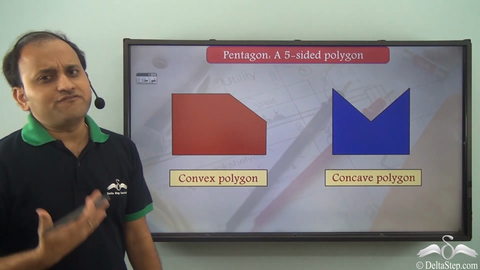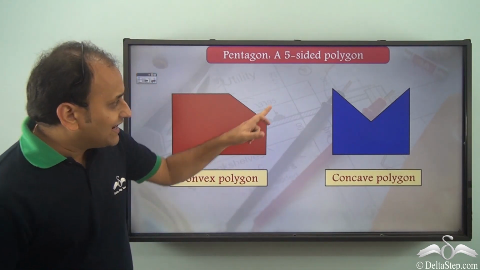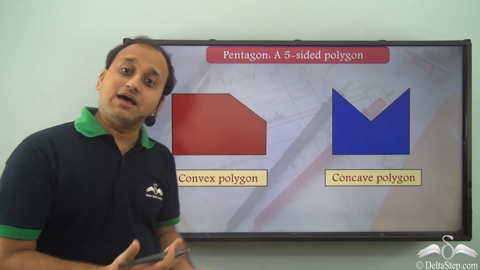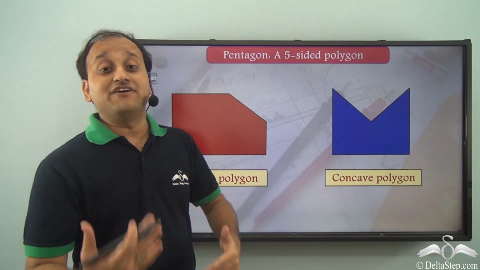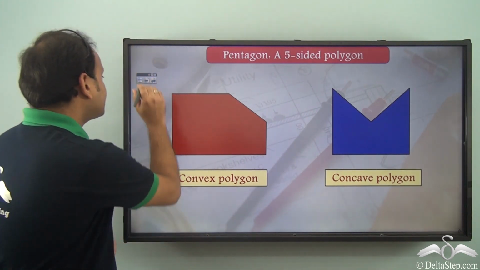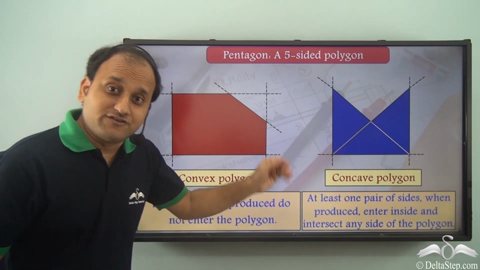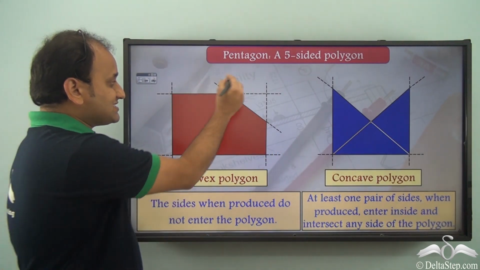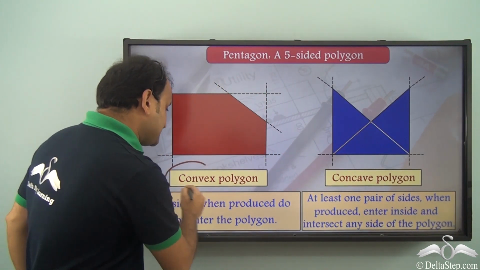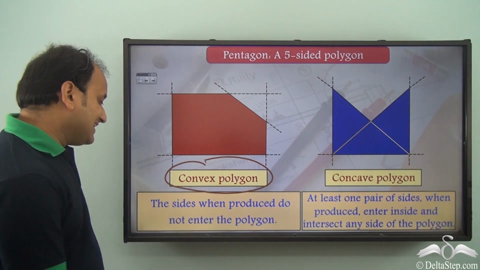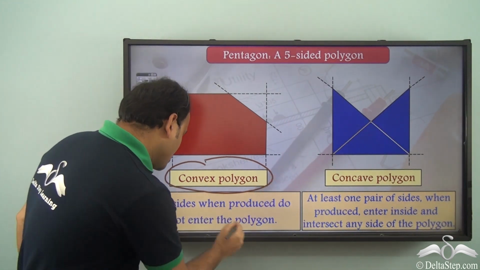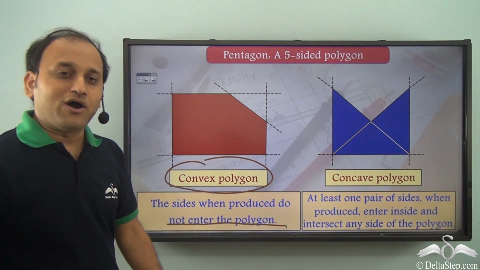And if it is not very easy for you to identify whether the vertices are pointing inwards or outwards, we have another method. And that is by producing the sides of the polygon. So if you produce the sides of a convex polygon, you will see that the sides, when produced, do not enter the polygon.